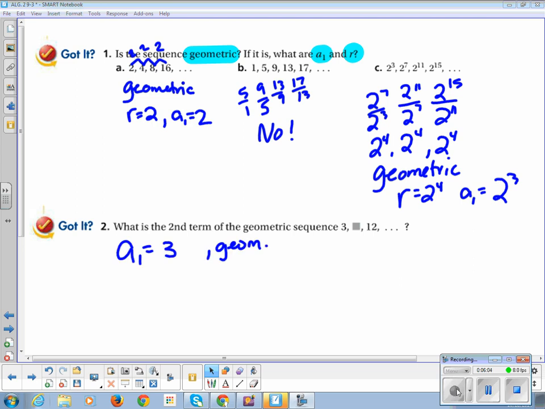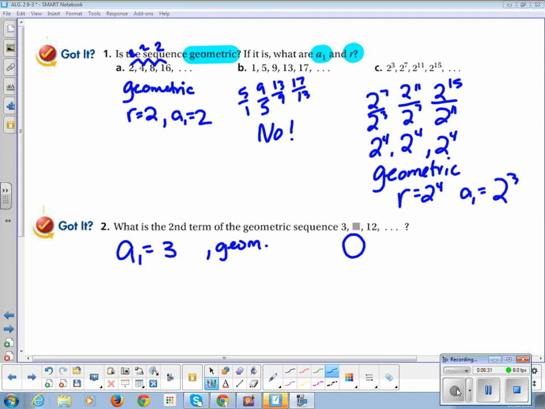All right, so we need to figure out a common ratio, that way when we multiply it, it gives us this number and then 12. So let's try, what do you guys want to try? I'll give you a hint, not 1, because 3 times 1 is 3, and 3 times 1 is 3, so it's not going to be 1. What else do we want to try?